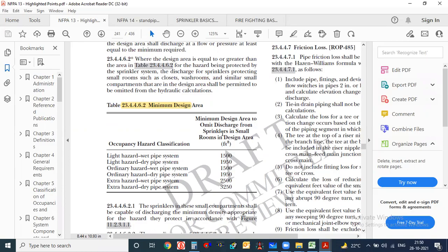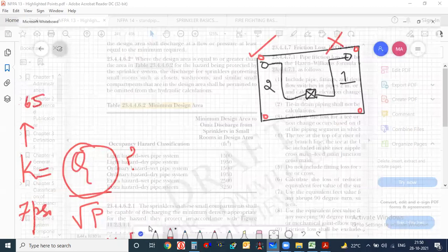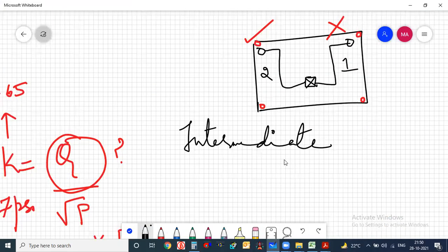Now we should not go below this, but sometimes what happens, you cannot select 1500 square feet. Sometimes it happens. So in that case, normally in hydraulic calculation, if you are doing the hydraulic calculation for any intermediate level of building, intermediate means suppose 6th floor, 7th floor, or 8th floor building, normally what we do means 6 to 12 sprinklers, and we select 2 hoses.